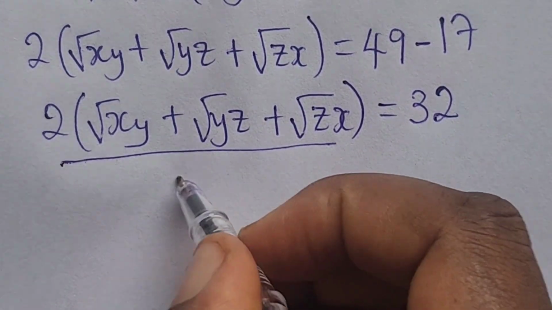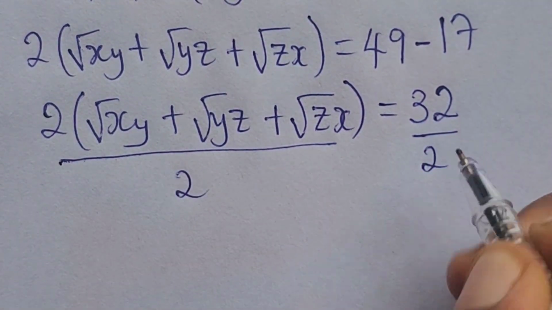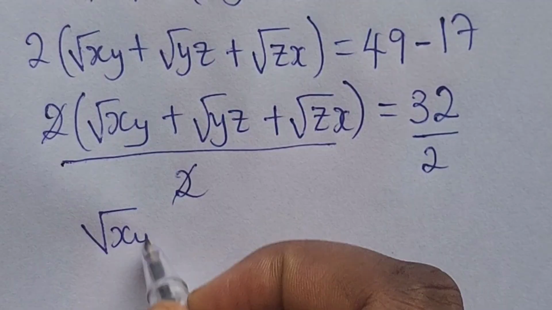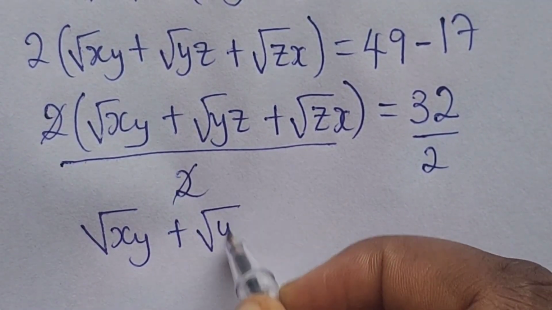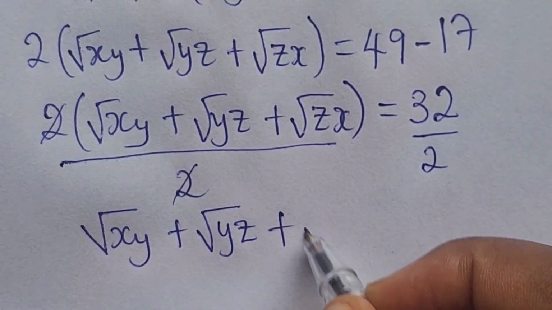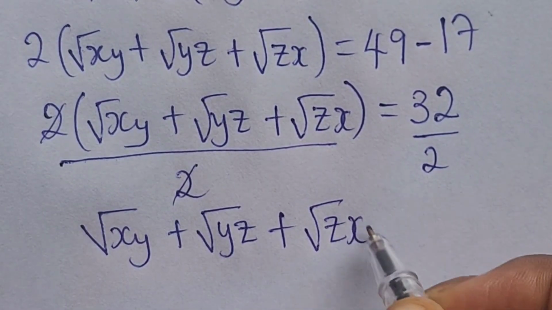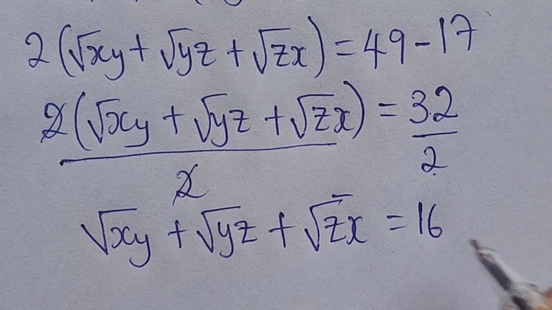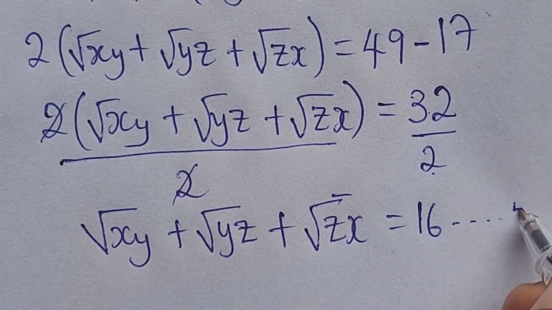When we divide both sides by 2, we are left with root xy plus root yz plus root zx equal to 32 divided by 2, which is 16. We name this equation 5.